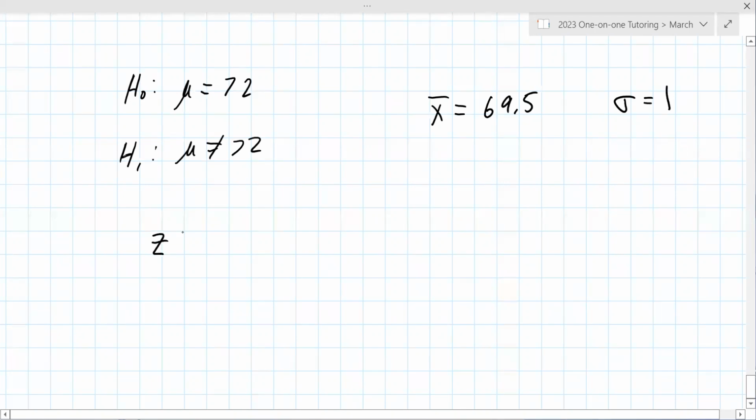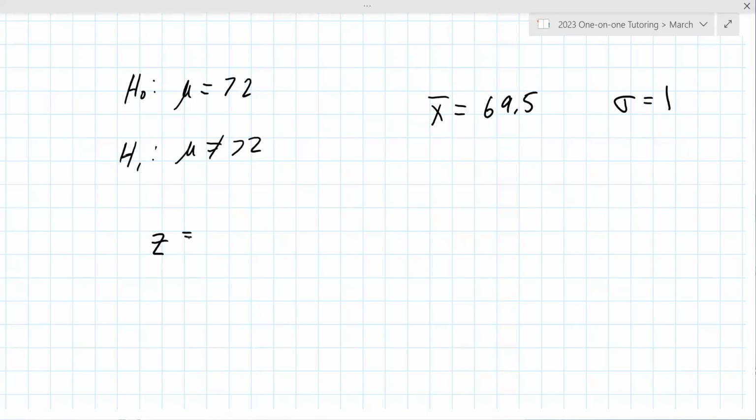Will you calculate the Z value for us, please? Negative 2.5. Negative 2.5. Very good.